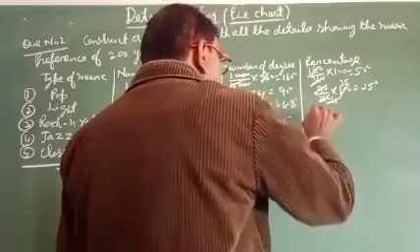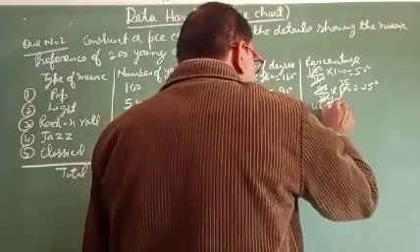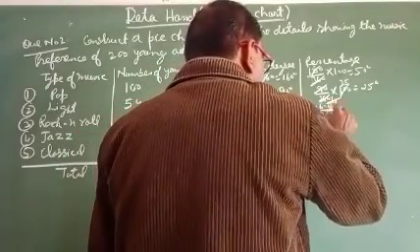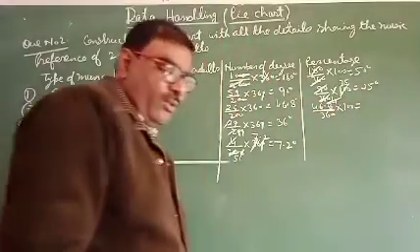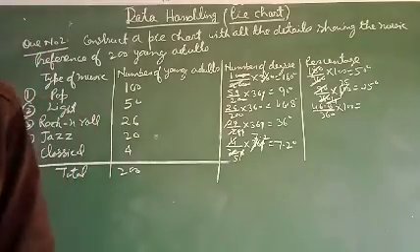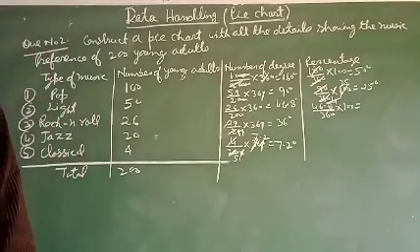Now 46.8 divided by 360 into 100 will be 13%.